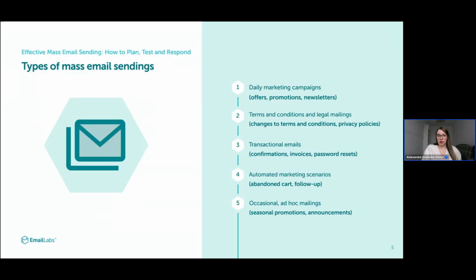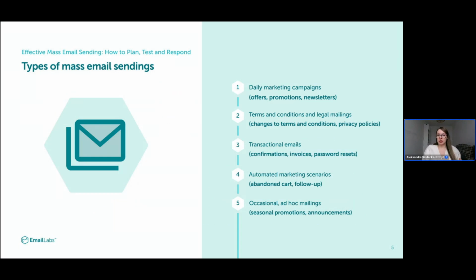And what are the types of mass email sendings with large volumes? There are daily marketing campaigns such as offers, promotions, newsletters, targeted newsletters, terms and conditions and legal mailings, privacy policies, updates, changes to terms and conditions. Obviously, transactional emails, the volumes are a little bit smaller, but they can still be considered mass mailing.